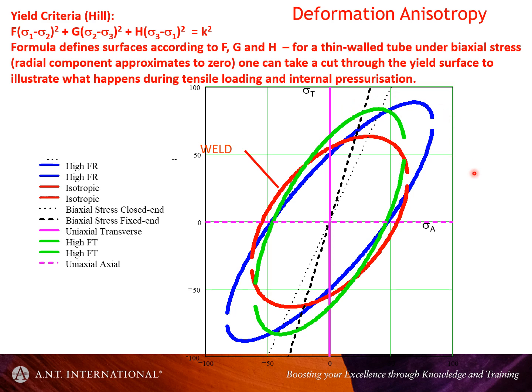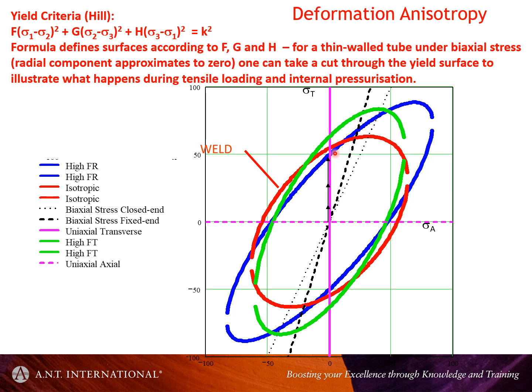So what happens when we mechanically test these tubes with the two modes that we just discussed? In the case of a tensile test, in the transverse direction we have a tensile specimen, and we start off by increasing the stress until something fails.